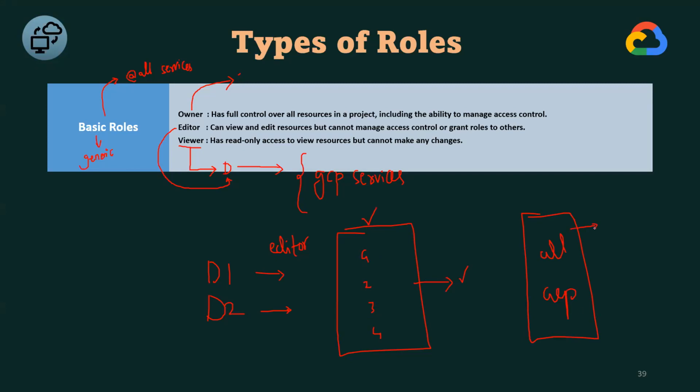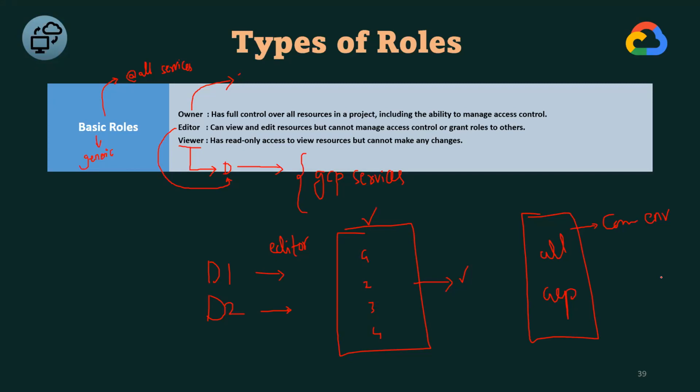They may be misusing the other services like Composer. If we create an environment, Composer is very costly whenever they work in it. Even for their own practice, we are going to waste the client's money. That kind of thing should not happen.